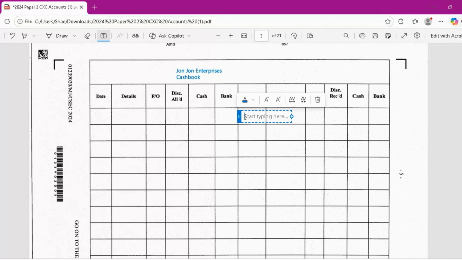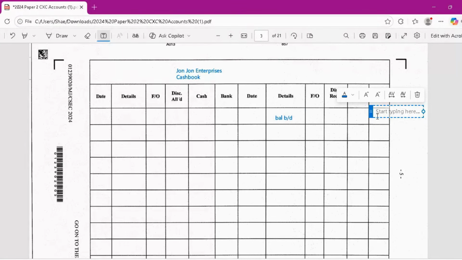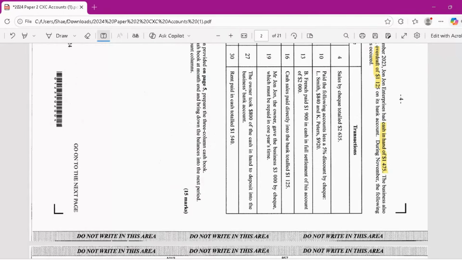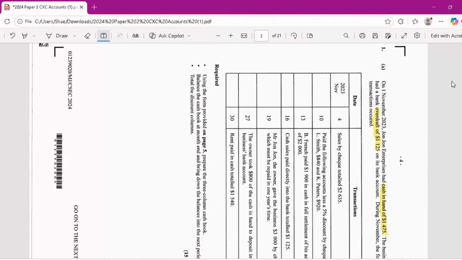So it's balance b/d, 1,125 for the bank overdraft on the 1st of November.